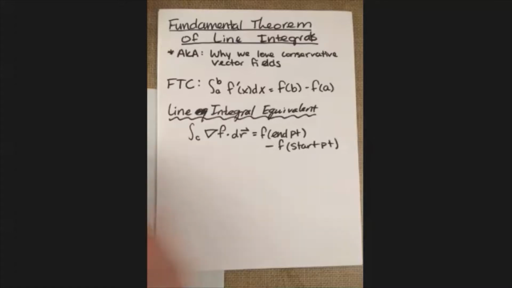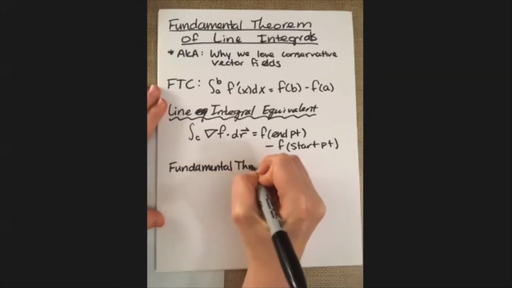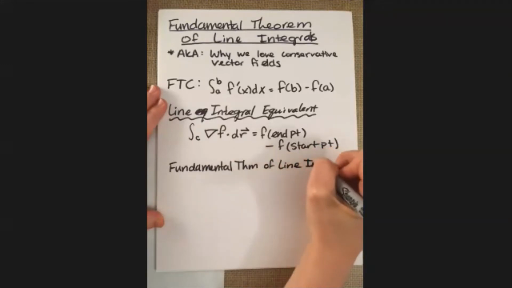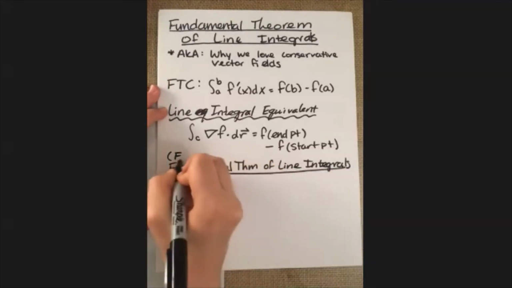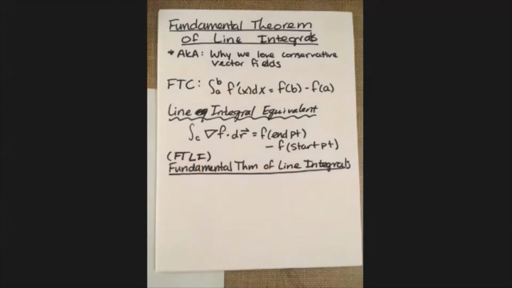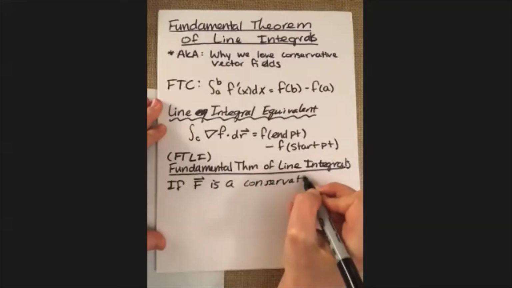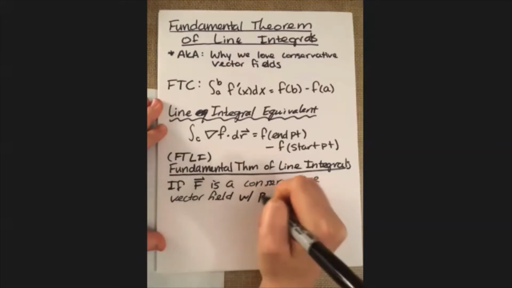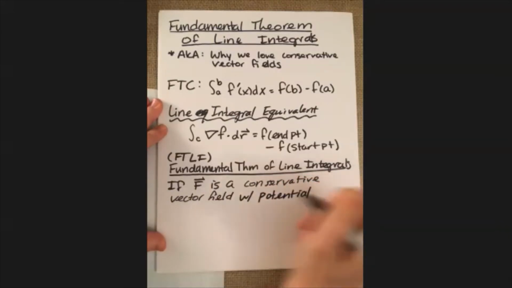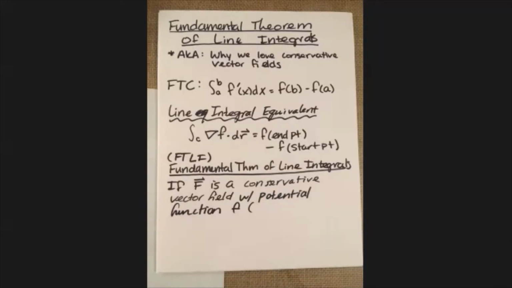So more formally speaking, the fundamental theorem of line integrals, which from here on out will be called FTLI, because I am not writing that out over and over again throughout the rest of this video, tells us that if F is a conservative vector field, which has a potential function little f, so what this means is that if we have a conservative vector field, it has a potential function.